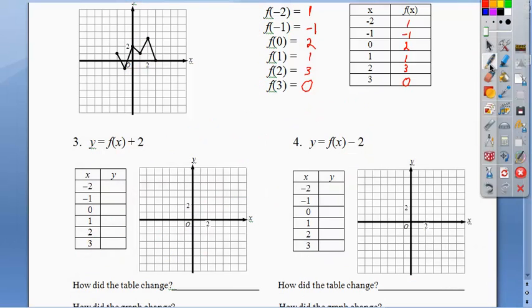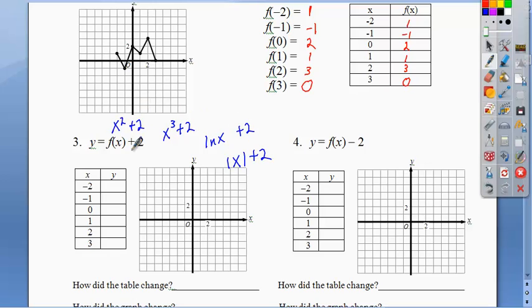Alright, so on this next one, please notice that now we have the plus 2 on the outside of the function. And so remember we had some parent functions like, say, quadratic again. So this would be something like x squared plus 2, or x cubed plus 2, or ln of x plus 2, or the absolute value of x plus 2.